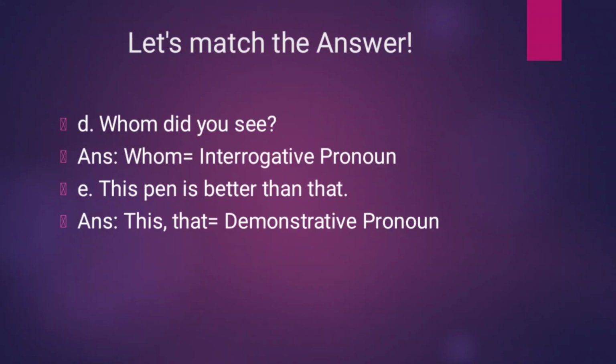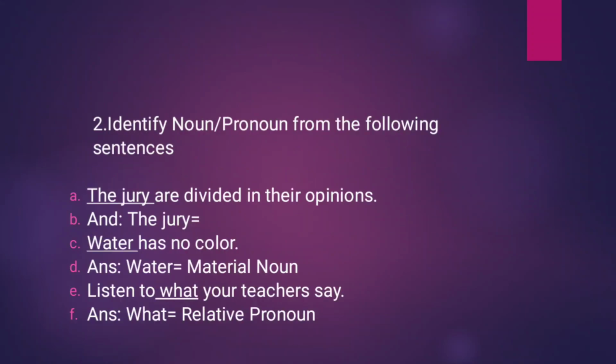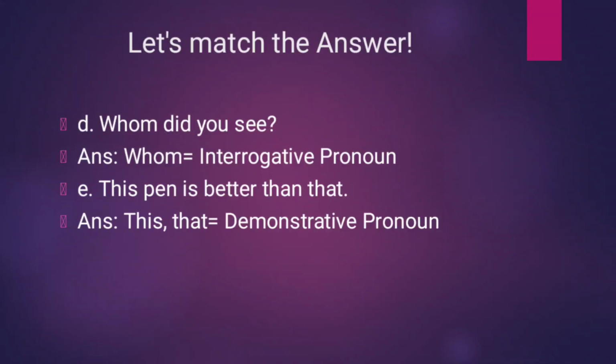Okay, here one thing I want to mention, that the sentence, listen to what your teacher says, here what is relative, but whom did you see, here whom is an interrogative pronoun. Why? Many of you are confused. So the thing is that if we get an interrogative sign at the last part of any sentence, then it becomes interrogative, and the WH question must be interrogative.